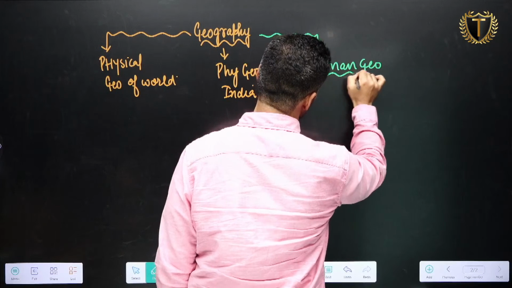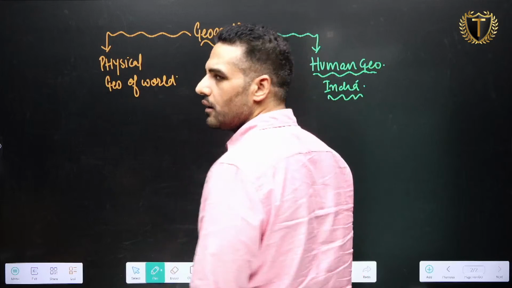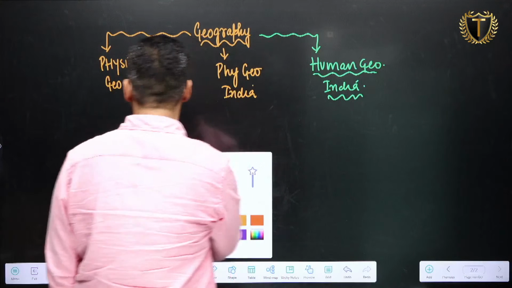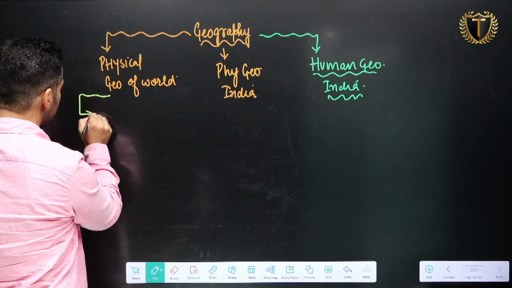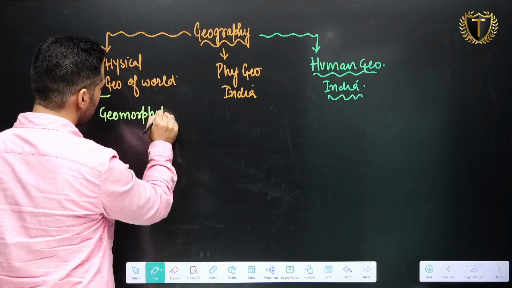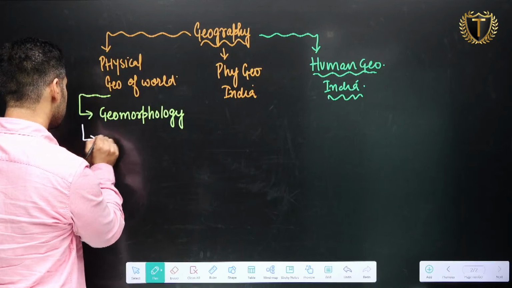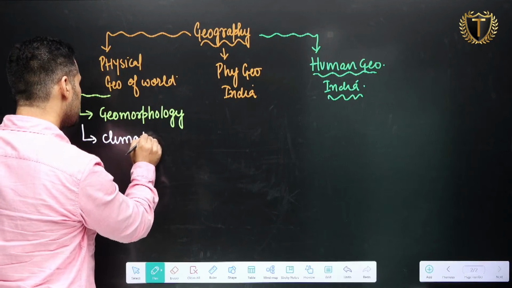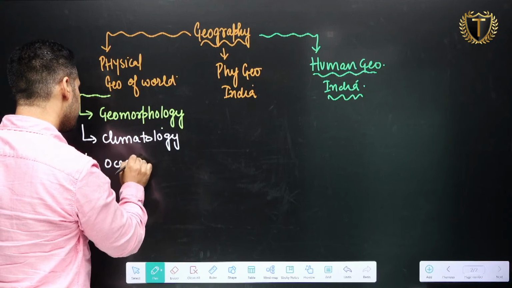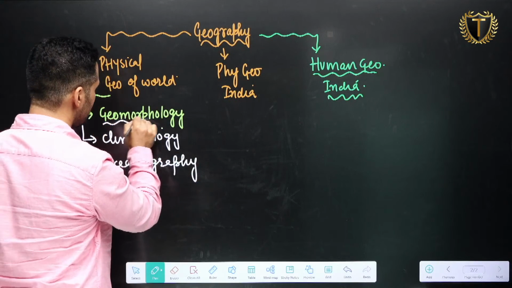But we will try to focus on the human geography of India. What are we going to study here? In this part, you have geomorphology, then another part, climatology, then oceanography. Let me give you a first brief view of this.